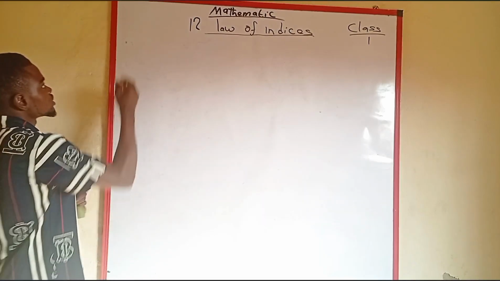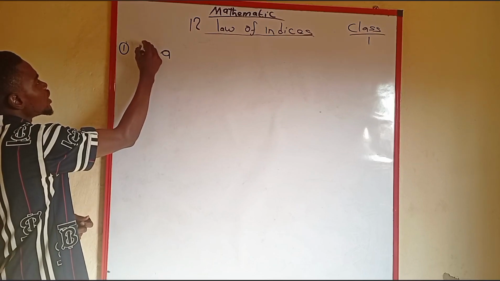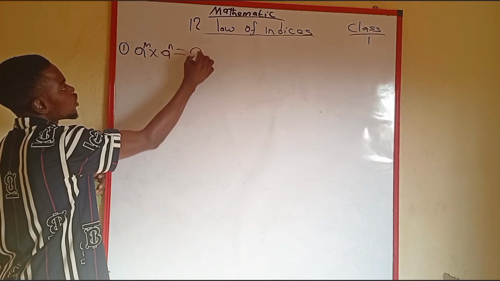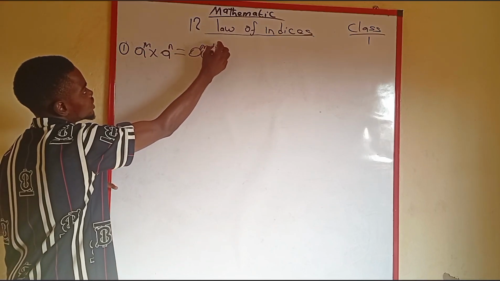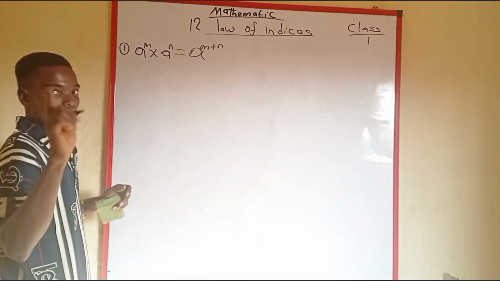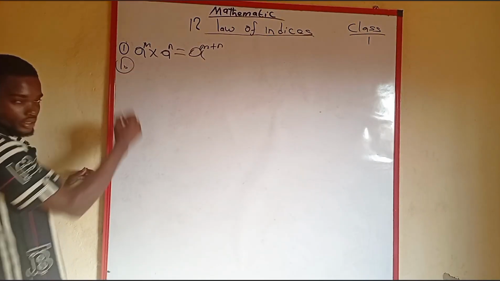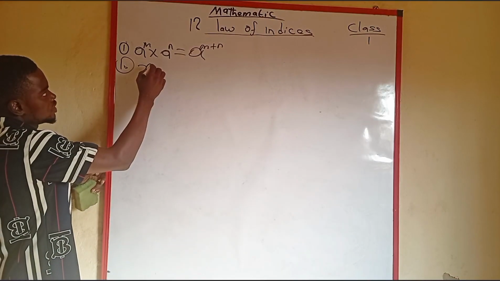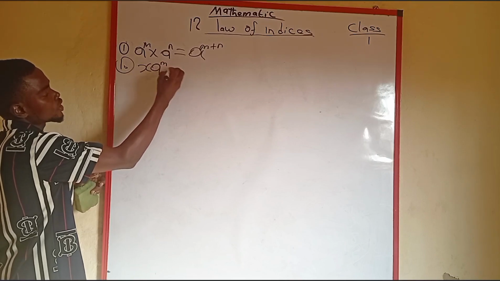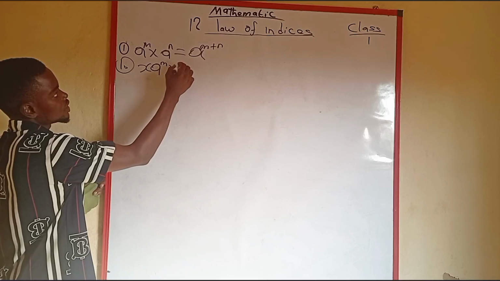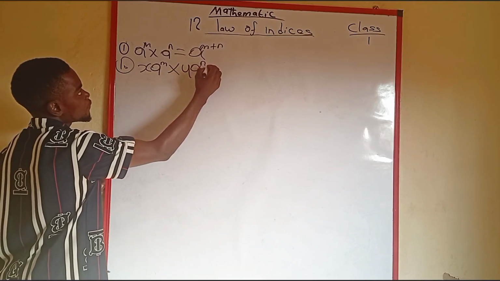The first law of indices says that if I have a base multiplying a base and they have powers m and n, I'm going to call the base one because they are the same, and the powers I'm going to add together. But this law has an exception, so we can call the exception rule number 1b. So if I have s multiplying a base with a power m, and this is also multiplying a y with a base with a power n.